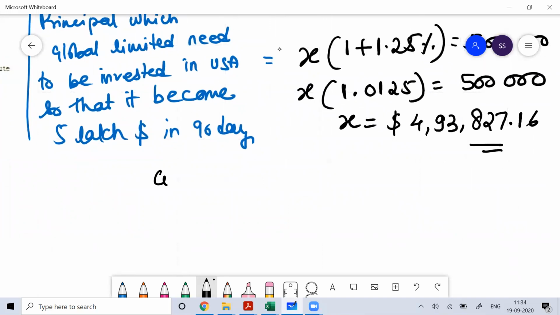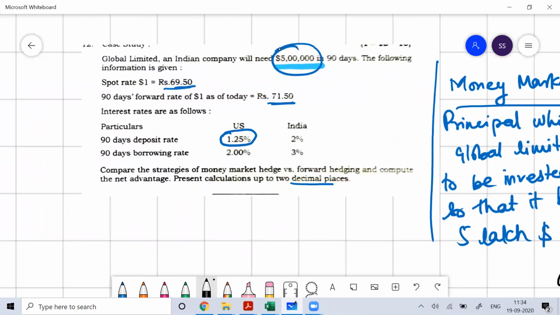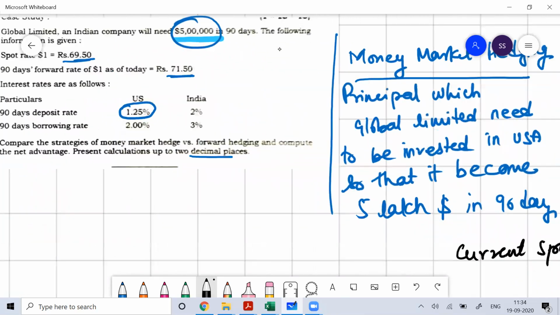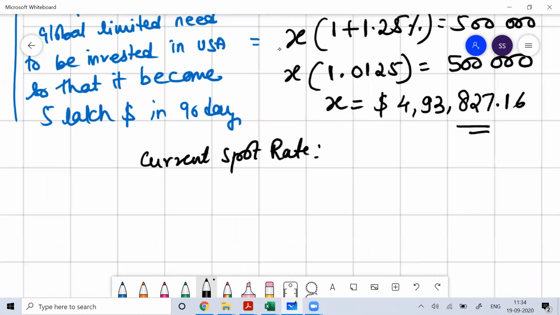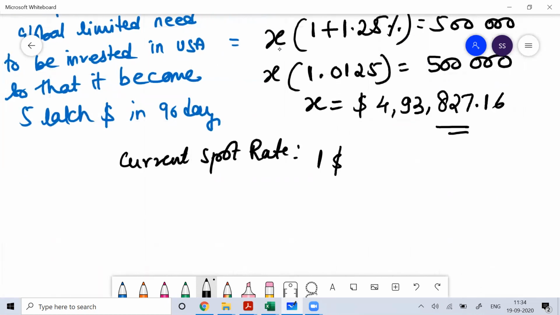So you can see the current spot rate of dollar and rupees. The current spot rate is 69.5 rupees.